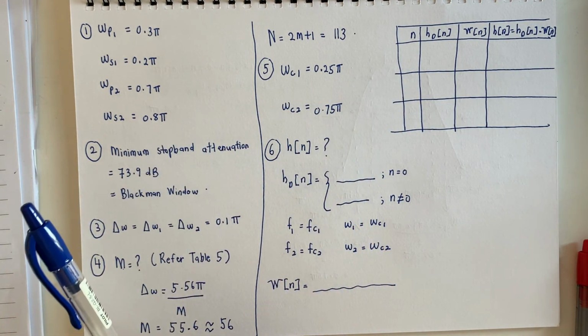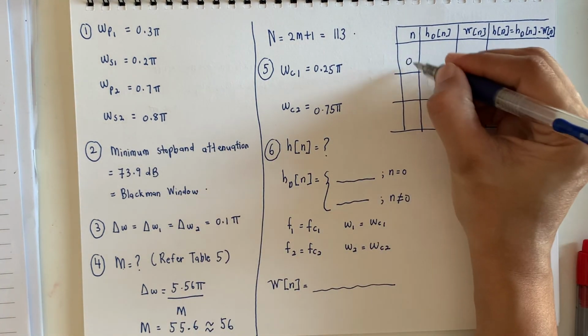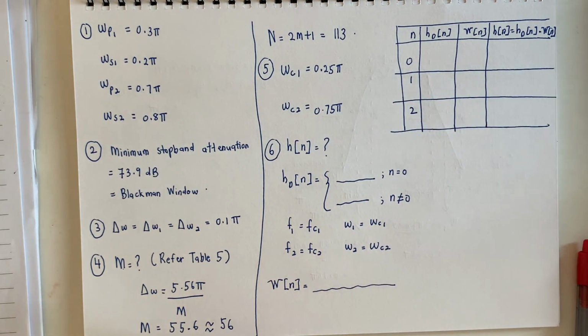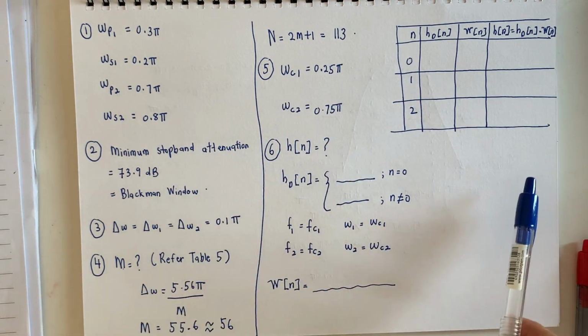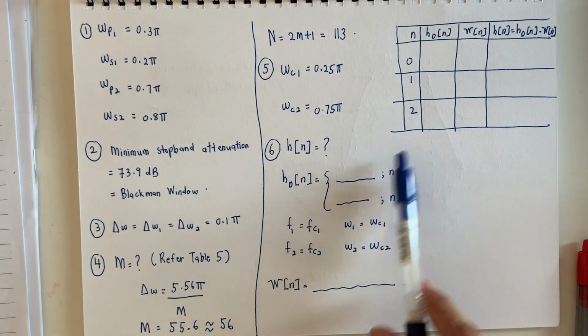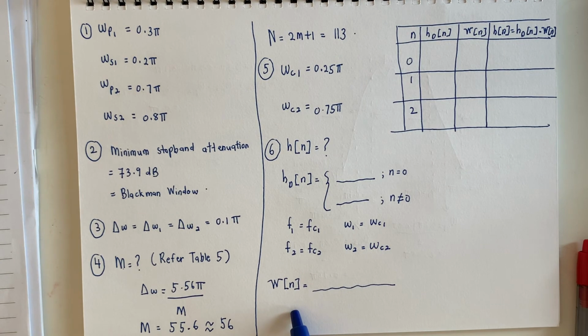But if the question didn't state your coefficients, you have to use your default numbers, which are 0, 1, 2. What you have to do next is substitute all these values into the Hdn and Wn equations. And again, I want to emphasize, make sure your calculator mode is in radian.